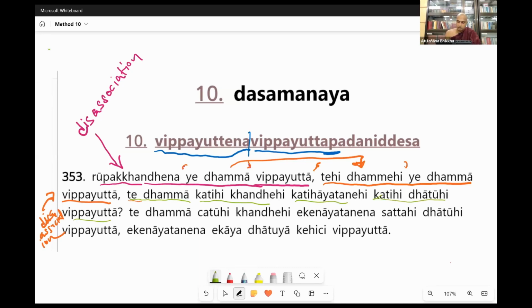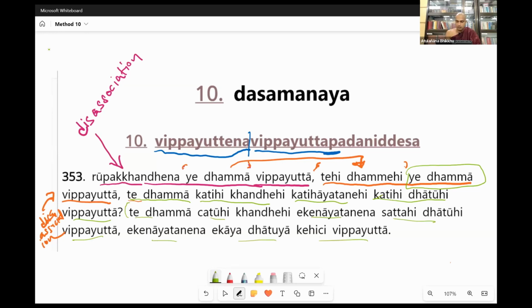Those states, whatever the dhammas which came here, it asks using how many aggregates, kati kandehi, with how many bases, kati ayatane, and with how many elements, kati dhatu, are those dhammas disassociated. And then we have the answer here: Te dhamma chaturi kandehi eken ayatanena satai dhatui vipayutta, eken ayatanena ekaya dhatuya kehichi vipayutta.